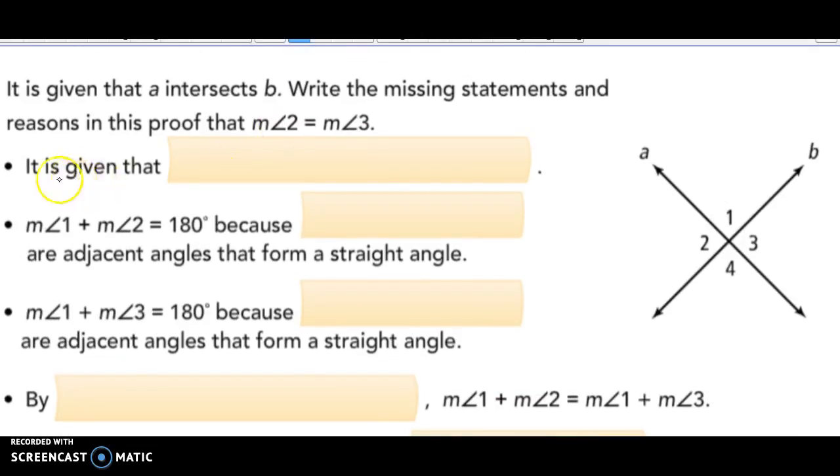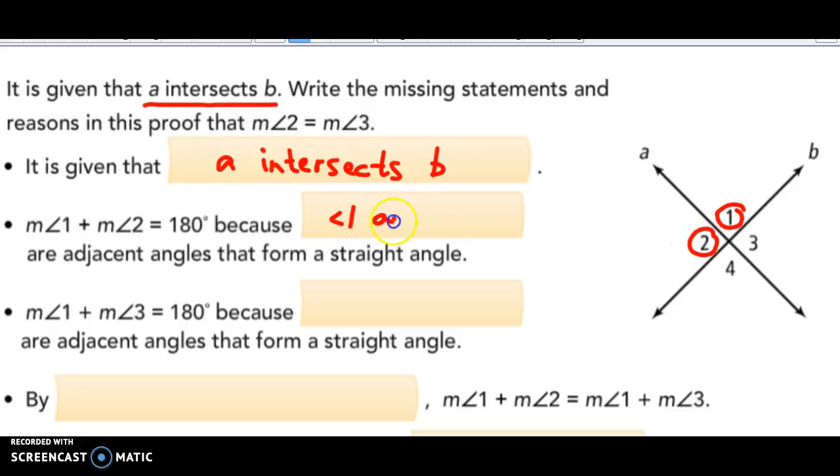We're trying to prove that the measure of angle 2 equals the measure of angle 3. And I'm starting with the given fact that A intersects B. So that is my first reason to support my statement. My second statement says that the measure of angle 1 plus the measure of angle 2 equals 180 degrees. And I know this because angle 1 and angle 2 are adjacent angles, meaning they're right next to each other, right?